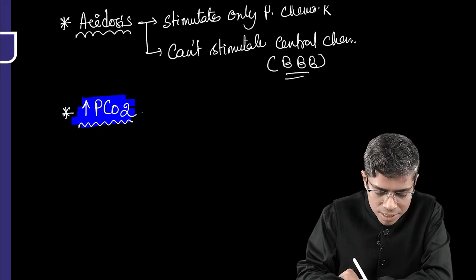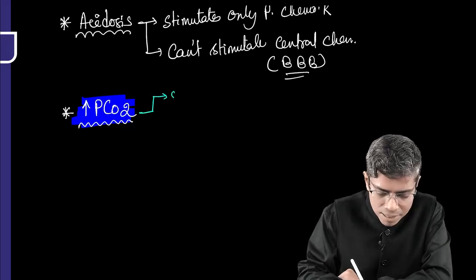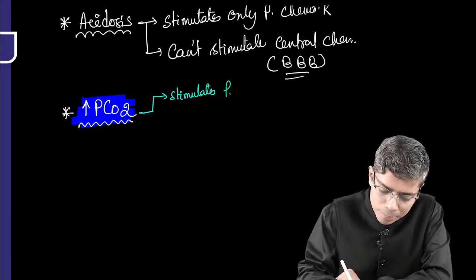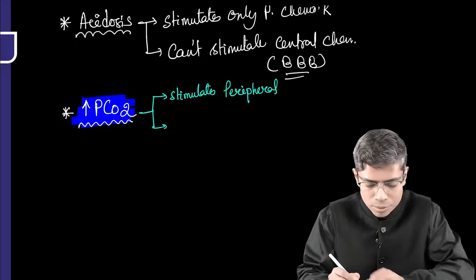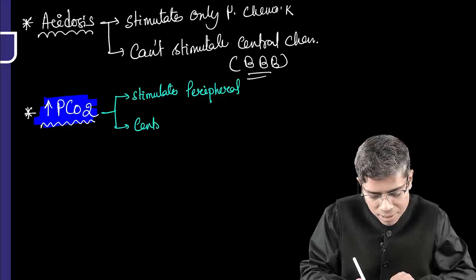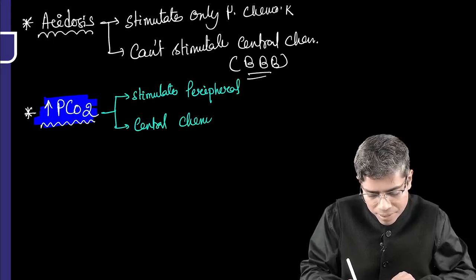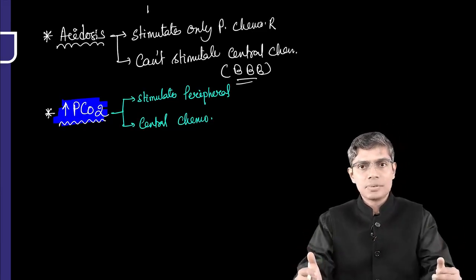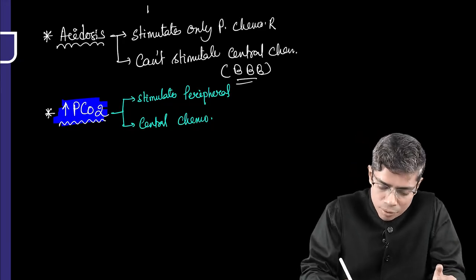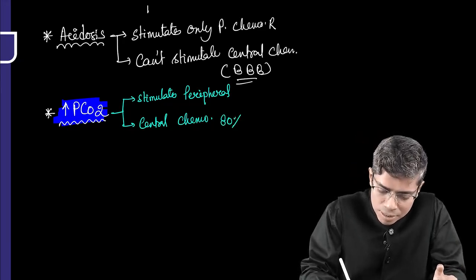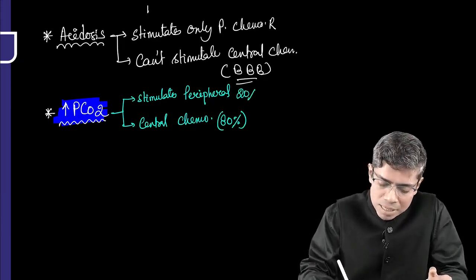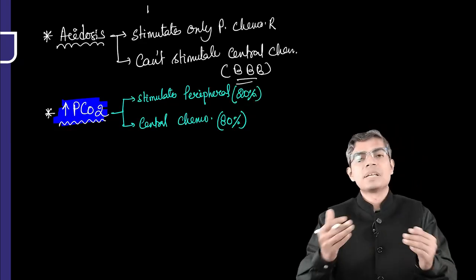So I can write down here that carbon dioxide stimulates both the peripheral and the central chemoreceptor. But if you look at the total stimulation done by carbon dioxide, then 80% of the major stimulation goes through the central chemoreceptor, and only 20% goes through the peripheral chemoreceptor.